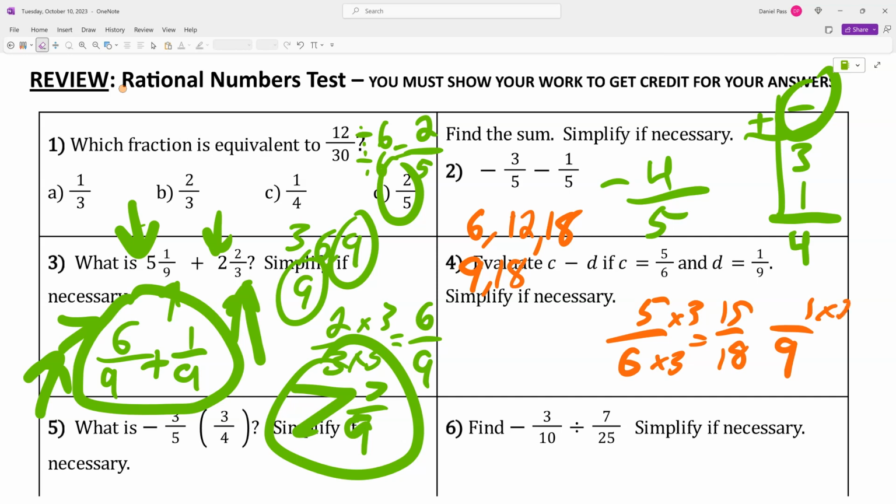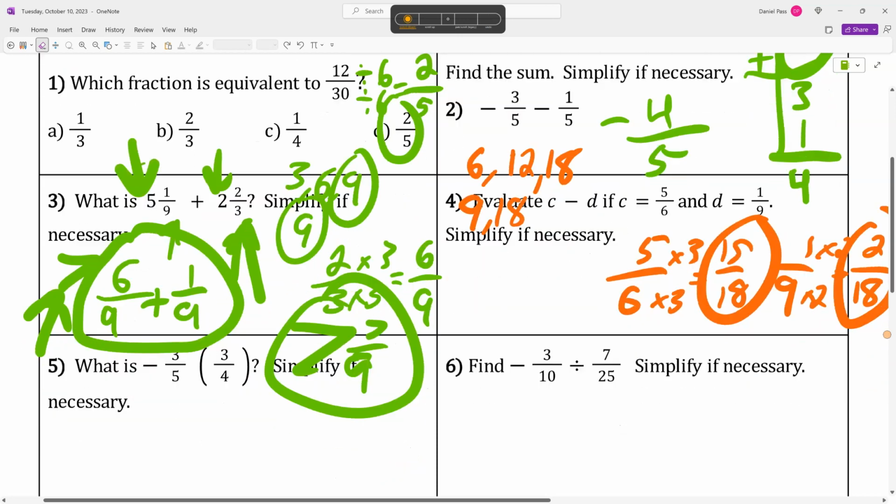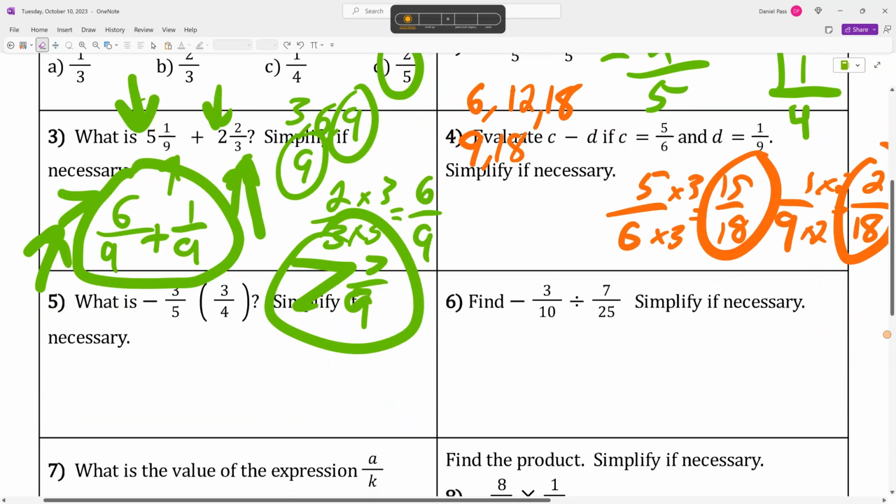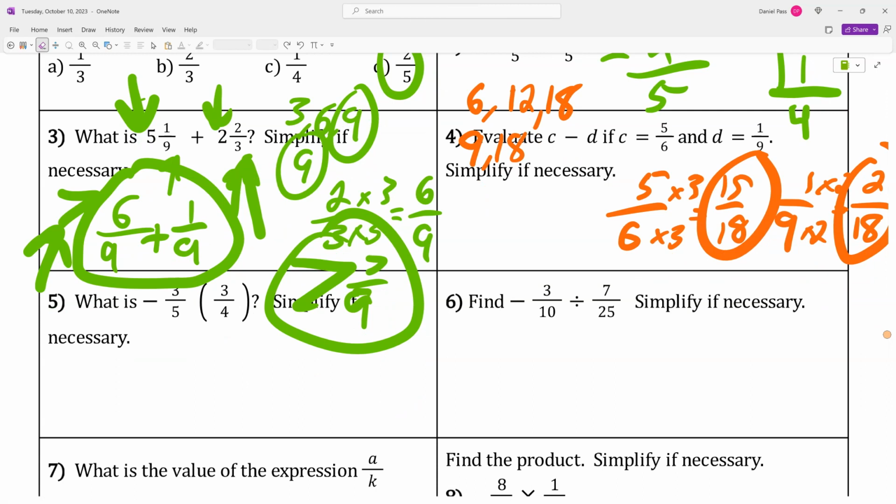And this one's times 2 over 2, so 2/18. So 15/18 and 2/18. Don't forget there's this minus in here. We could do good guys, bad guys, but really we could just subtract on this one. So 15 minus 2 is equal to 13/18. Good guys win though, so it's positive.